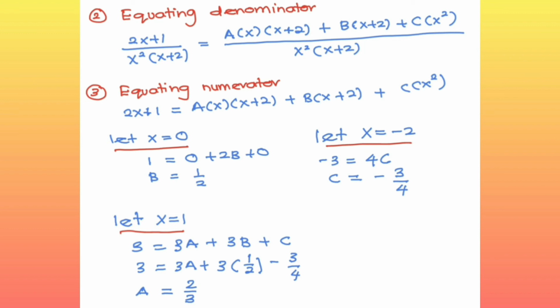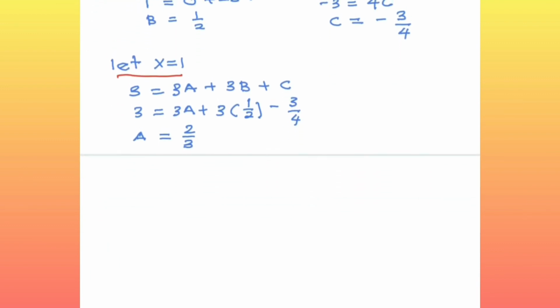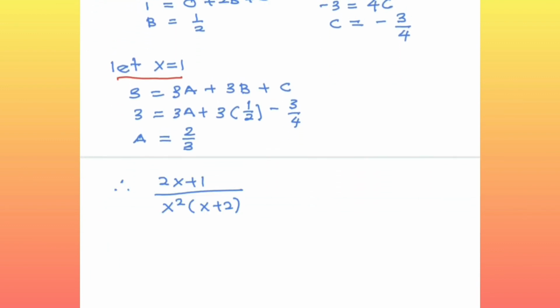Okay, now we already know the value of a, b and c, so we need to substitute back into the partial fraction expression. So the expression for 2x plus 1 over x squared times x plus 2, we can write as partial fractions. Okay, this is equal to a.